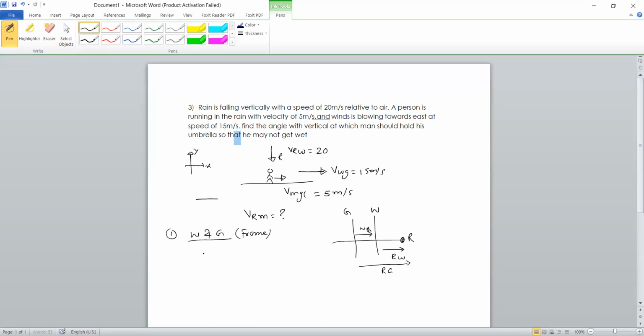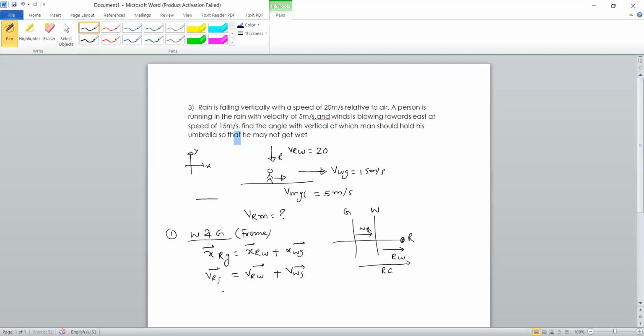Okay, so we may write x of RG is equal to x of RW plus x of WG. Position of rain with respect to ground is equal to position of rain with respect to wind plus position of wind with respect to ground. Differentiating this, we'll get VRG equal to VRW plus VWG.